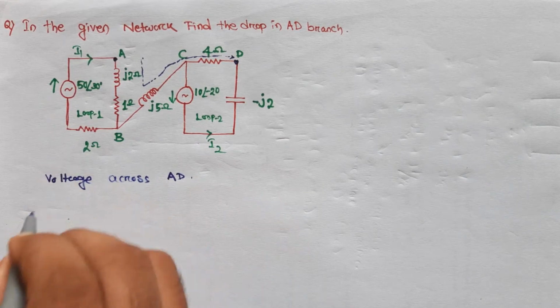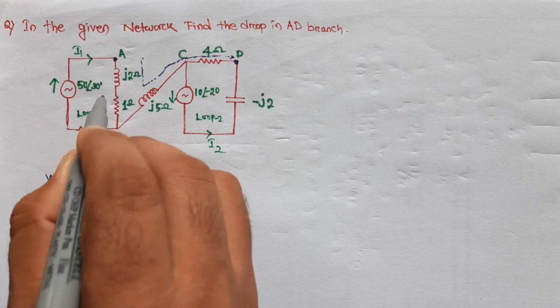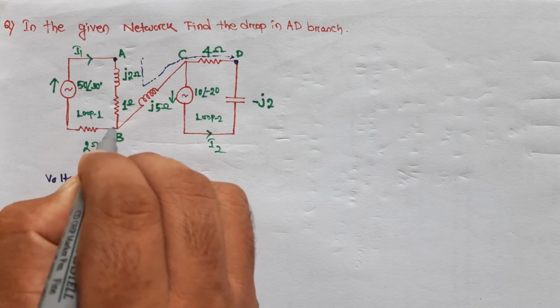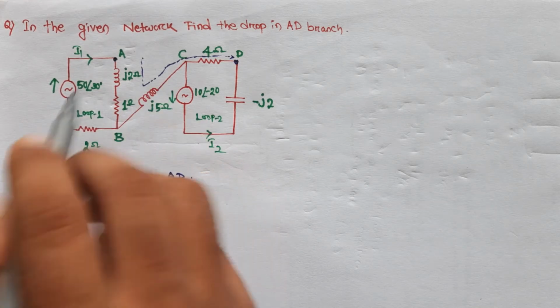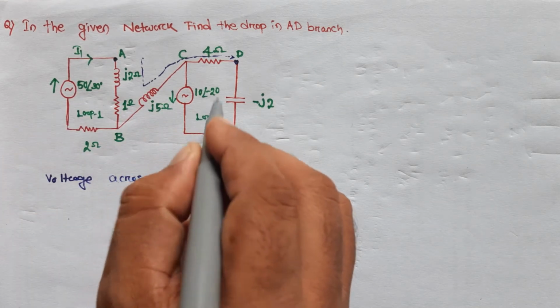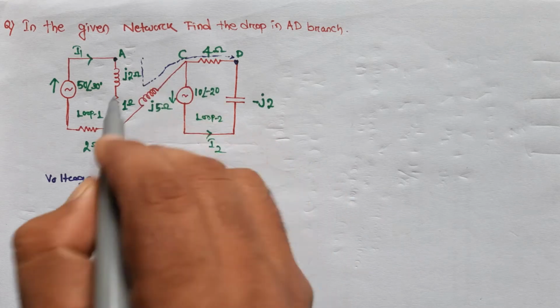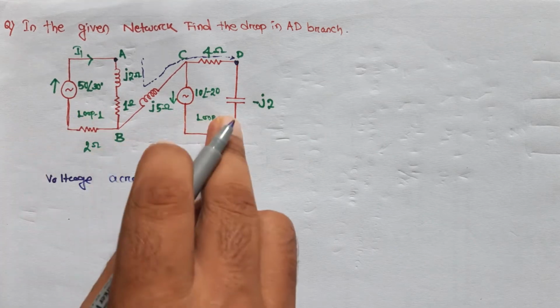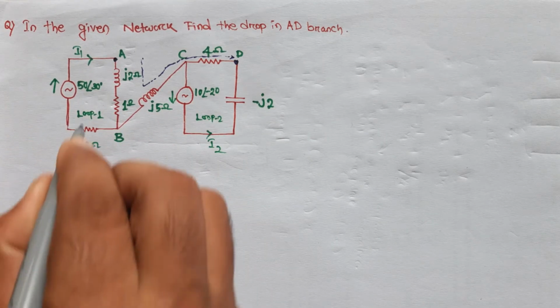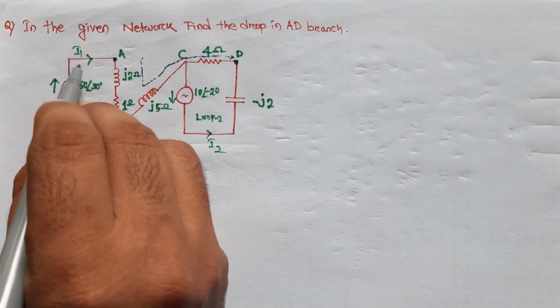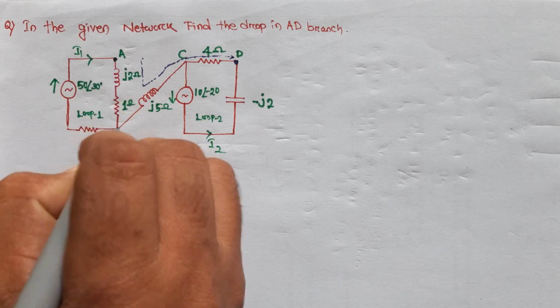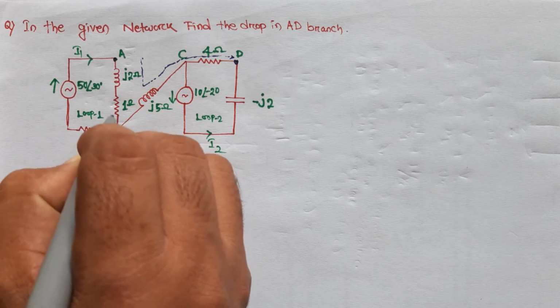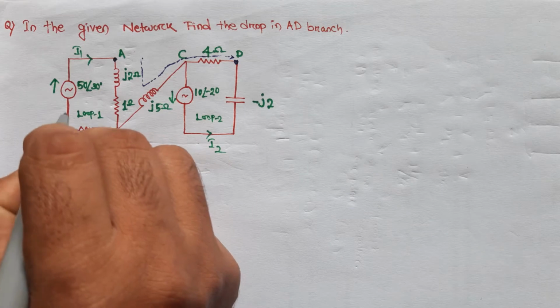Here, loop 1 current is not going through this loop, and loop 2 current is also not flowing through any other branch. So loop 1 and loop 2 are independent of each other, because the I1 current is flowing like that. There is no path to complete, so the total I1 will flow in this direction.